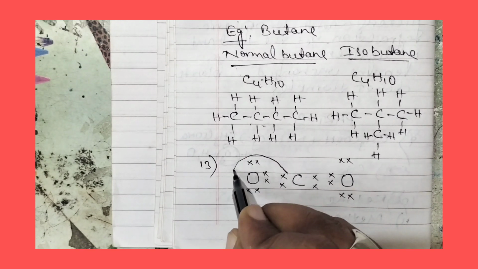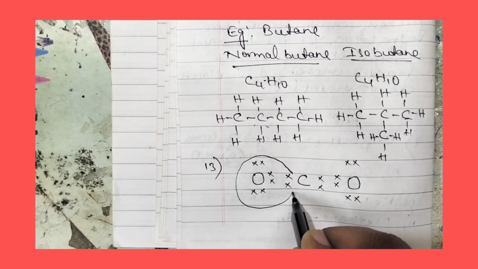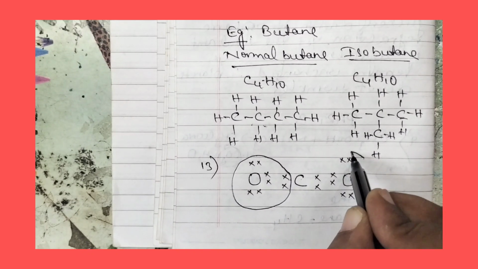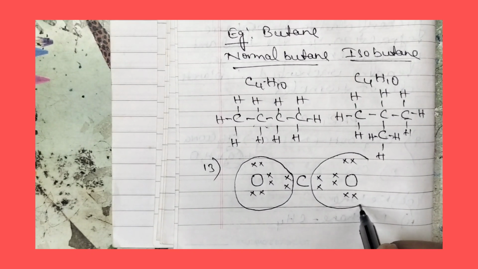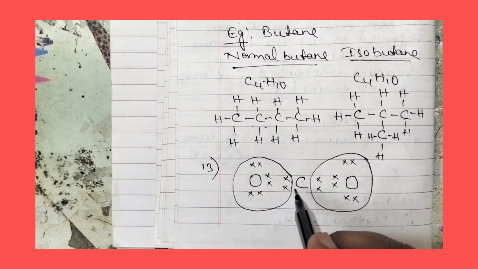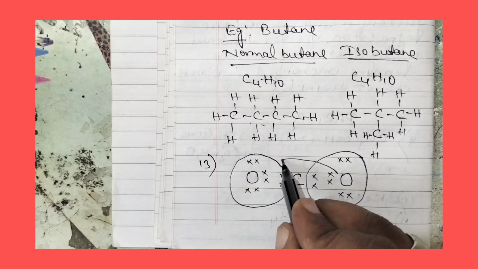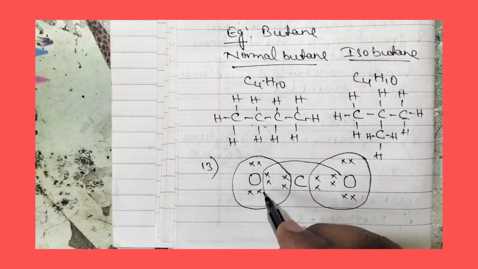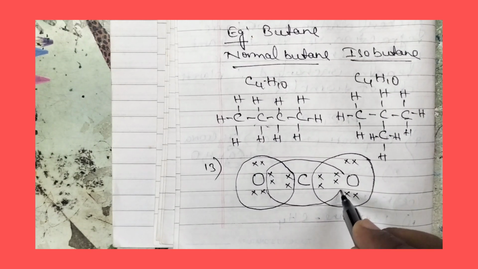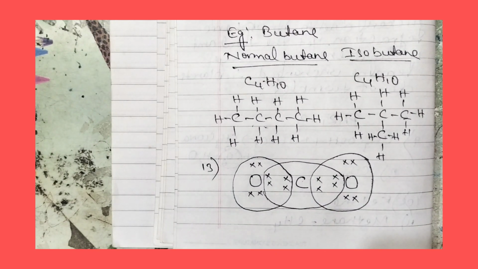This oxygen will share 2 electrons with this carbon, and the other oxygen will share 2 electrons with this carbon, and this carbon will share 4 electrons with both the oxygens. So this is the electron dot structure for carbon dioxide.